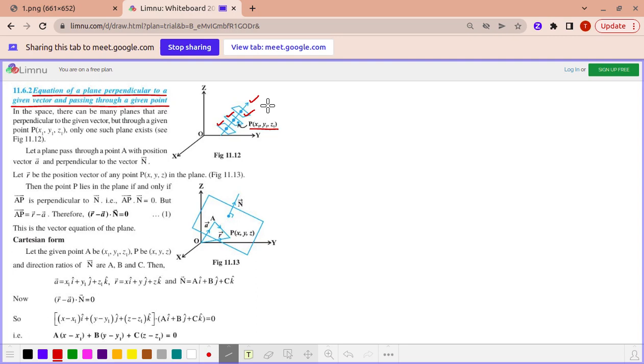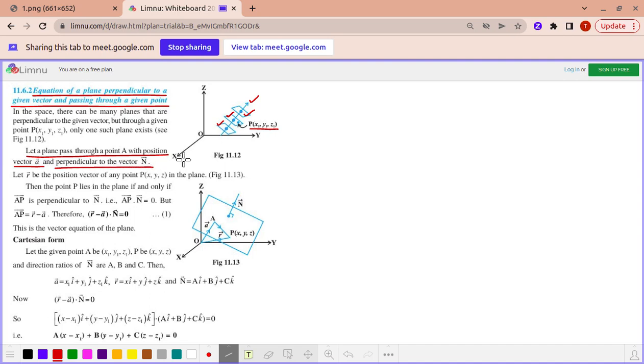So now dear students, the first information we have is that the plane is passing through a fixed point, that means its position vector is known to us. So let a plane pass through a point with position vector a vector and perpendicular to a vector n vector.